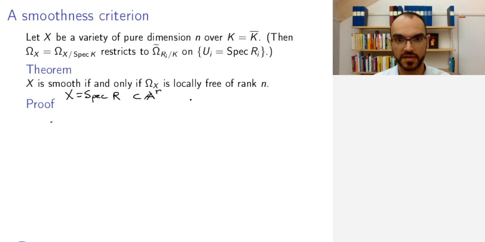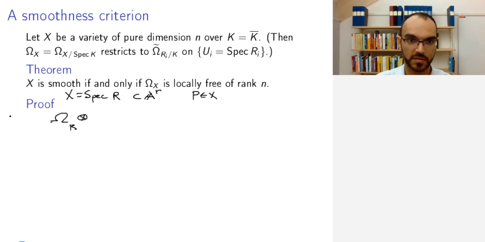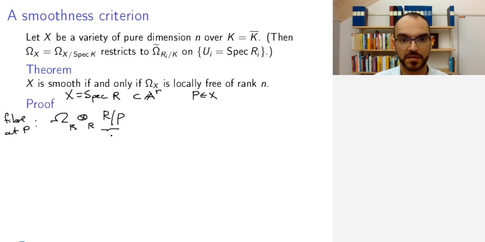So then if we take a point P in X and we look at the fiber of omega X at P, this will be obtained by tensoring by the field K, which is the residue field of the closed point P in X. But what is this?